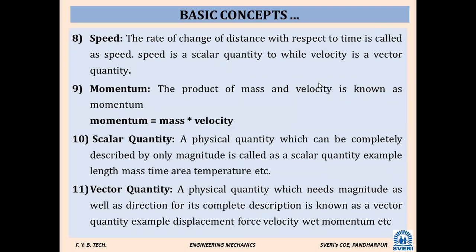Distance is a scalar quantity. Displacement is a vector quantity. Speed is a scalar quantity. Velocity is a vector quantity. Speed starts with s, so it is scalar. Velocity starts with v, so it is a vector quantity.